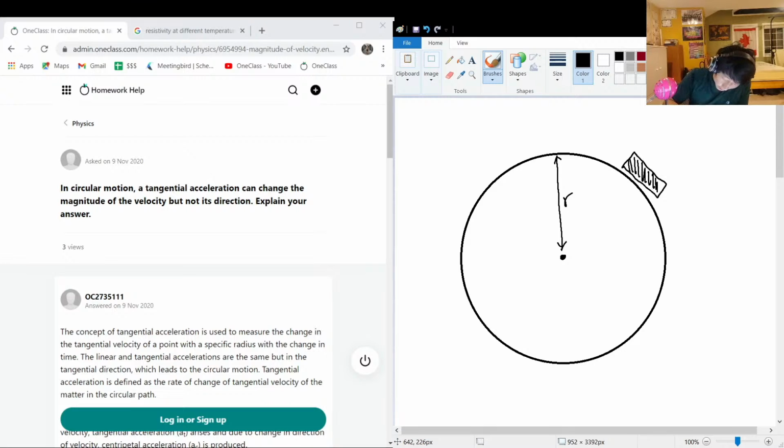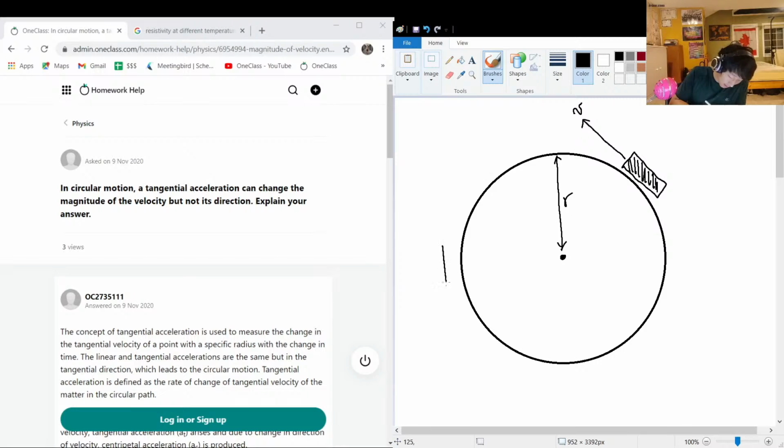And this is our current velocity, but of course at different parts of our path, our velocity is still going to be tangential to our path, but it's going to be pointing in a different direction.